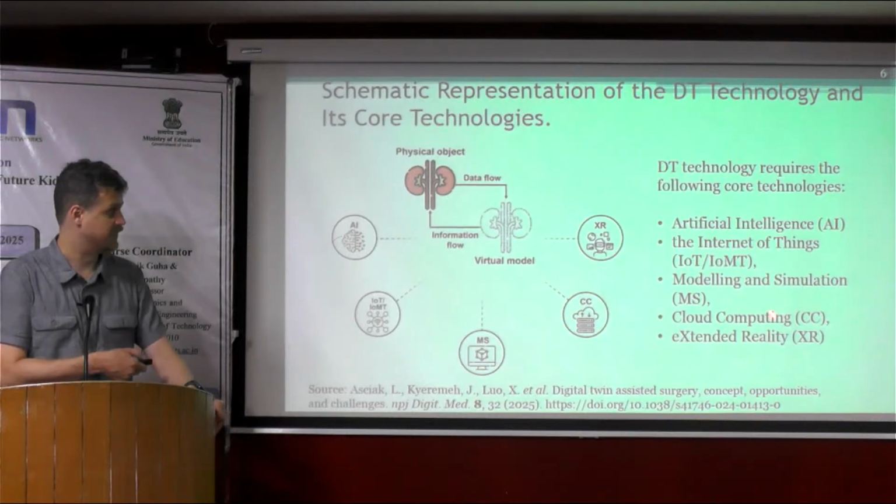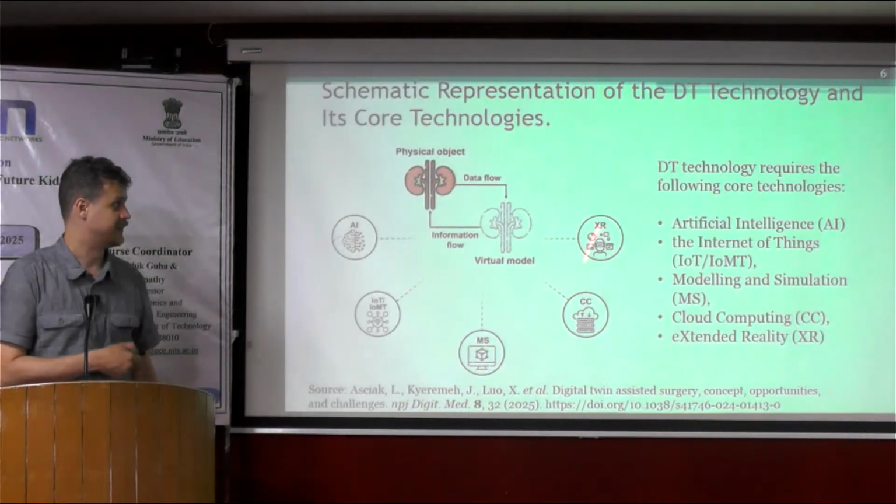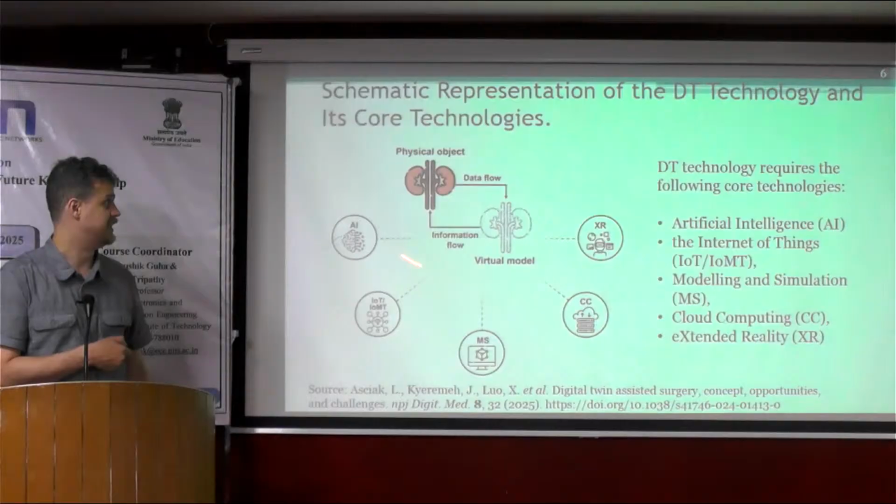This is just a small list of technologies required for the physical object imitation. In this case, they provide a natural kidney as the example of a physical object.